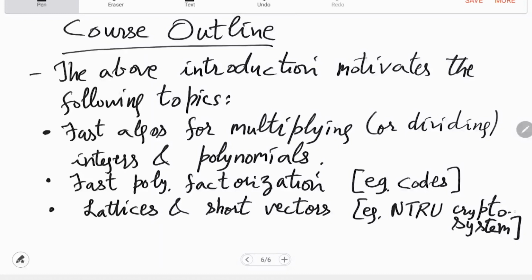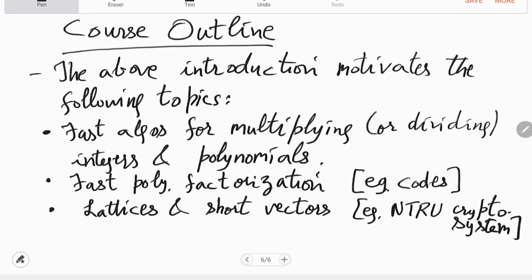So in fact, this finding short vectors is a very important problem in computer science. It has many applications, so we will only focus on how is the encryption and what is the decryption in this NTRU crypto system. But NTRU itself has now hundreds of variants, so we will not be doing those things in that great detail, but we will just do the basic introduction to lattice crypto system.